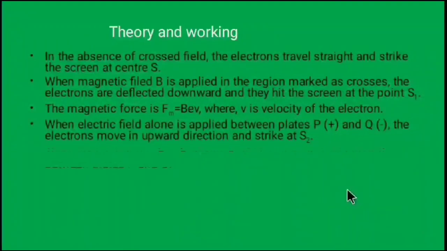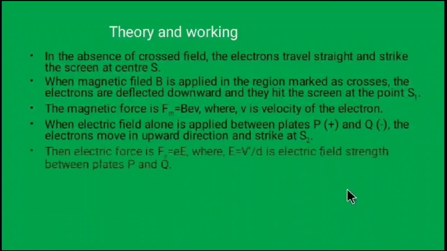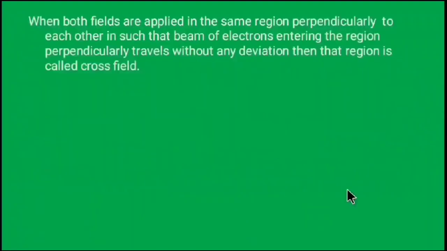The magnitude of the electric force is given by Fe = eE, where small e is the charge of an electron and E is the electric field set up across the two plates P and Q. We can write E = V'/d, where V' is the potential difference between plates P and Q and d is the distance between the two plates.